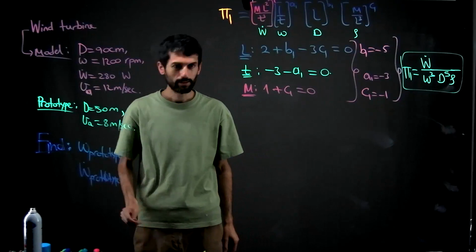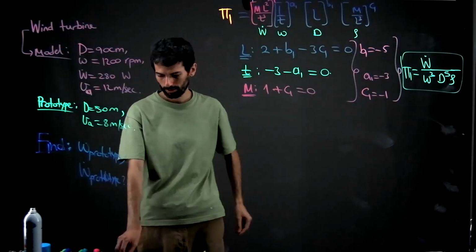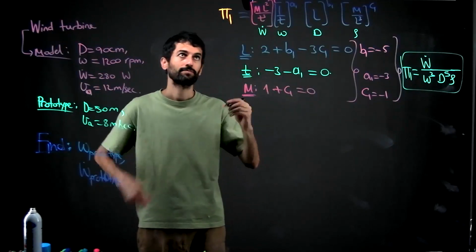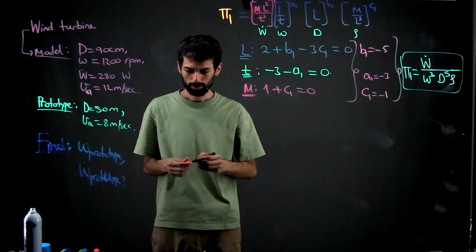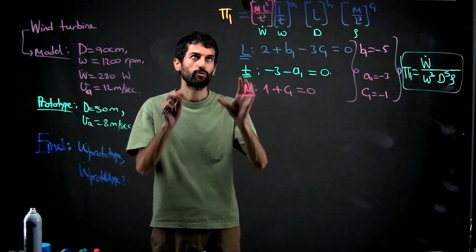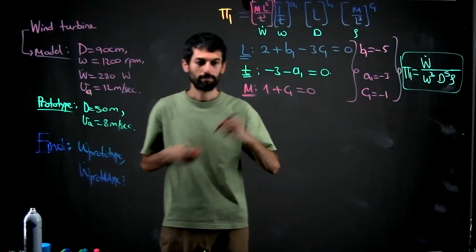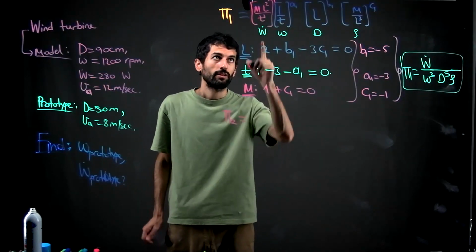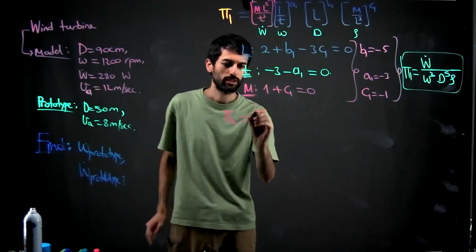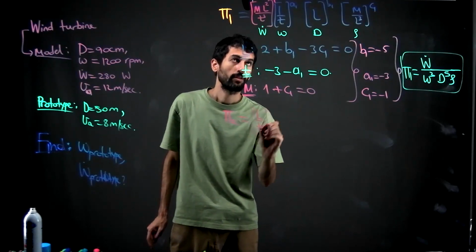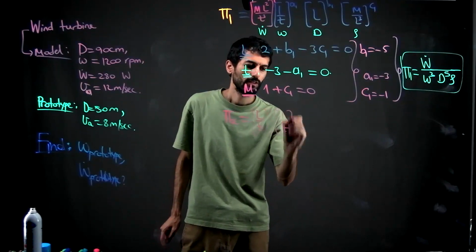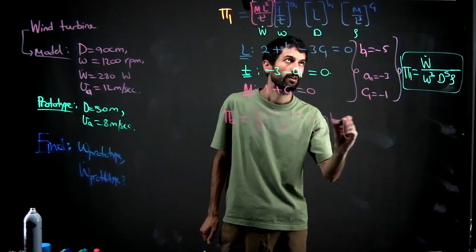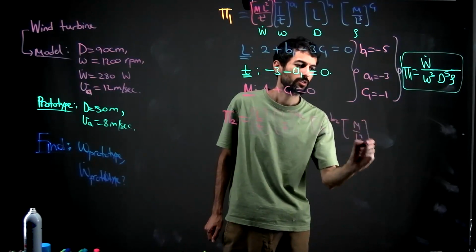Okay, then we will now generate the second pi, which is very similar to the process of pi1. So let's do it. So you will have the pi2. Instead of power, I will have the velocity, and then again 1 by t, this time exponent a2, length with exponent b2, and then density with exponent c2.